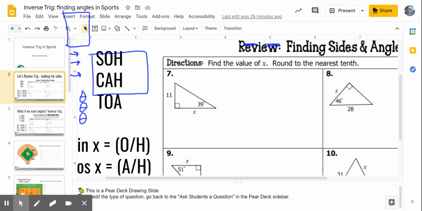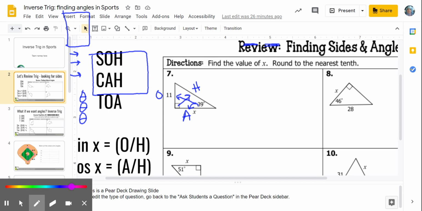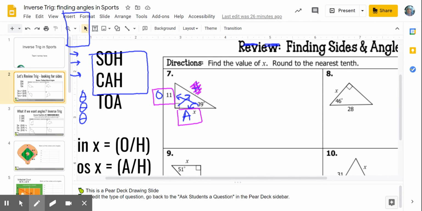All right. So first thing we need to do is identify the O, the A, and the H. So what is the 11? Is that the O, the A, or the H? If it's opposite the 39, that is definitely the O. And then opposite the right angle is always the H, which leaves the X as the A. So I have information of the O, and I want information for the A. I don't have anything for the H, so I'm going to cross that off.